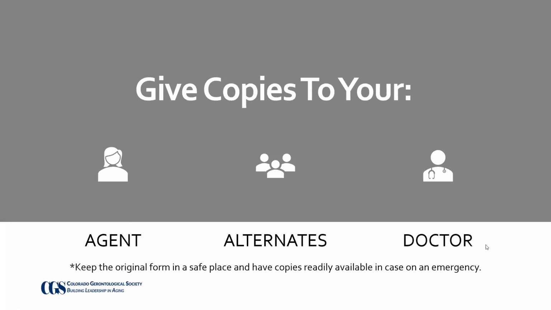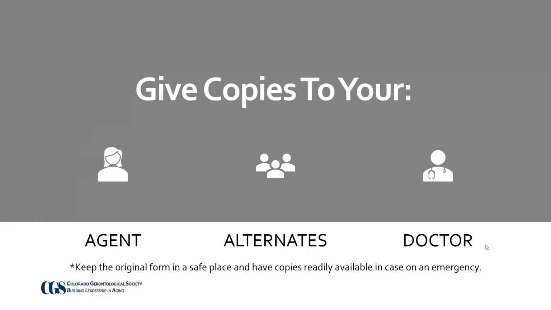If they use electronic files, they are able to upload it to their electronic file, and they're able to pull it up. Not every insurance group has that, but make sure that you do have the copies just in case, because this document will be used in case of an emergency. Sometimes you don't have a choice in what hospital you go to.